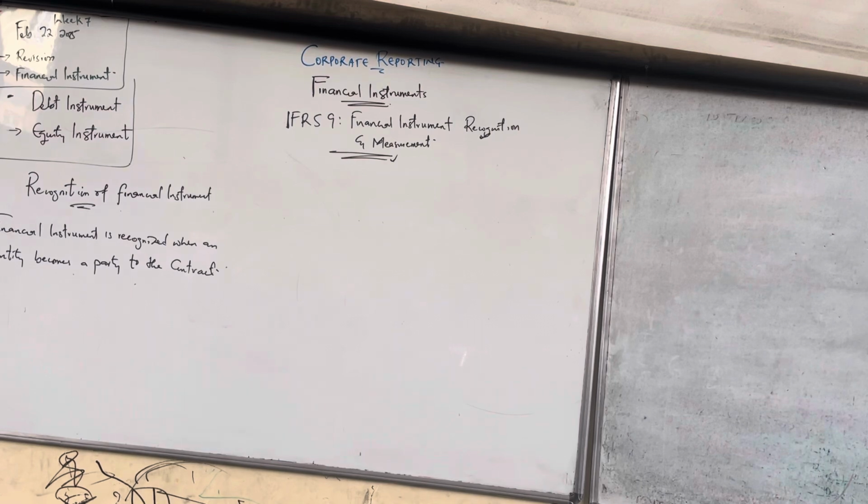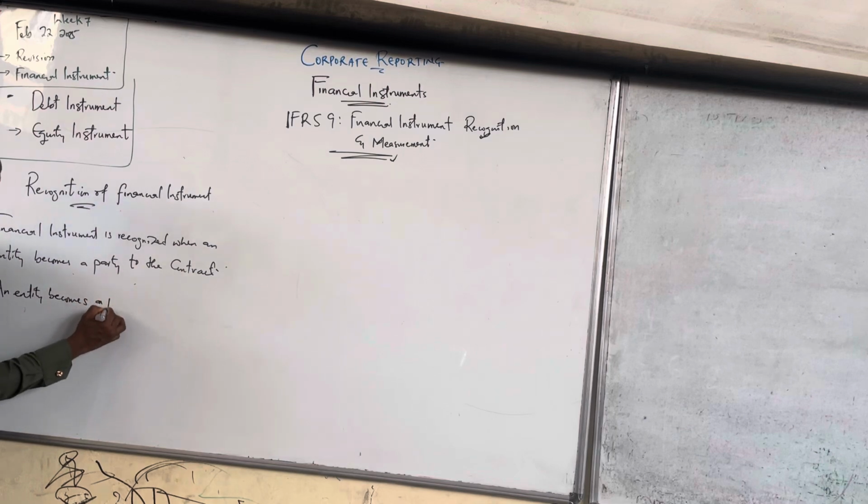Since a financial instrument is a contract, abi? So as soon as you're a party, then you recognize it in your books. But the key question becomes, when can you become a party? Not just, okay, when you become a party. When can you become a party?